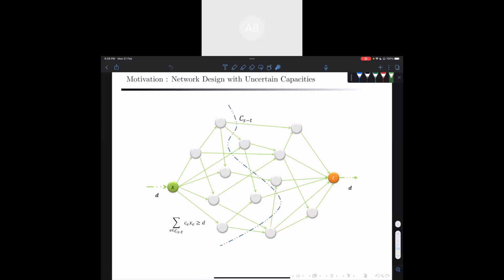It's almost like sending a flow through a pipe: if the pipe does not have enough cross section to support the flow, how will you ever send the flow through it? That's a very natural constraint.